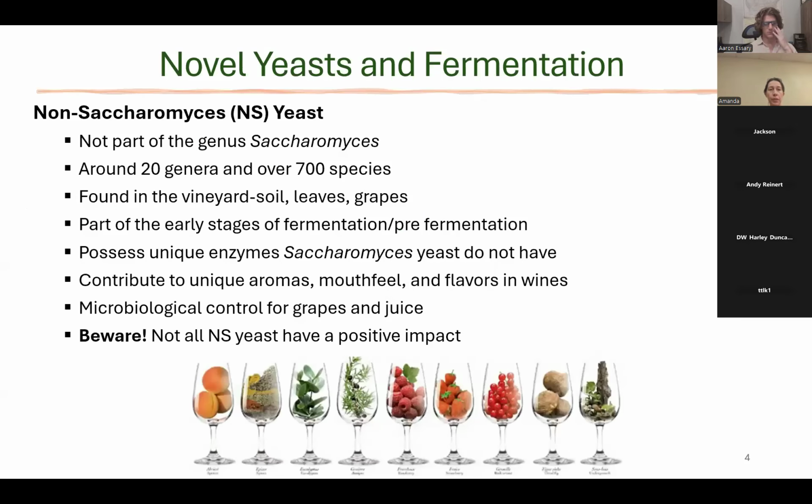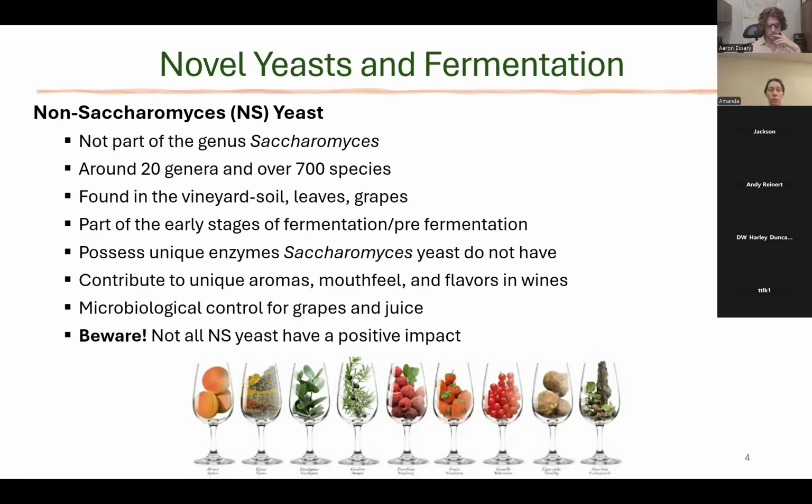Non-Saccharomyces yeast in general have about 20 genera and over 700 species. They're found in the vineyard. The non-Saccharomyces yeasts are an important part of the early stages of fermentation because they're non or mildly fermentative at most. So 3 to 5% ethanol production is what they can do. Some of them don't even produce ethanol at all.